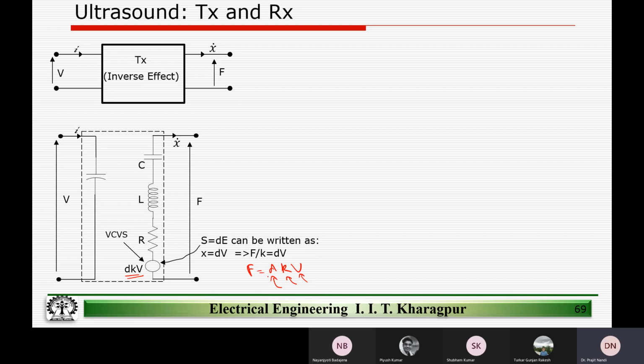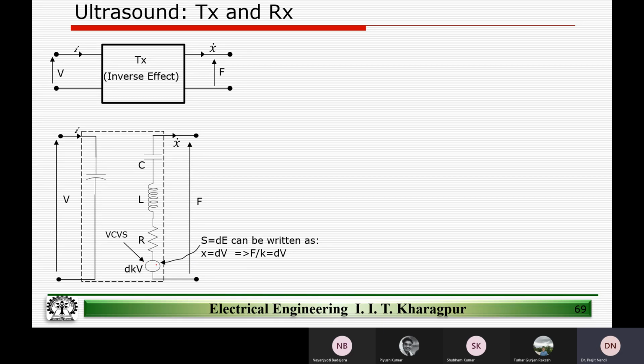So this is the total force that I am getting, which is synonymous to the voltage on terminal 1. The force on terminal 2 is synonymous to the voltage that we are applying. So what is the overall force that we are generating across the piezoelectric crystal?